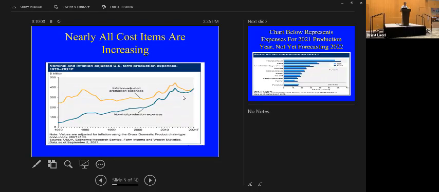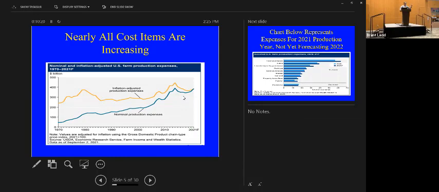On the other side of the profitability equation, of course, we know that the cost items are just going up dramatically. It's not reflected quite as dramatically in this graph because the final data point on this graph is 2021.